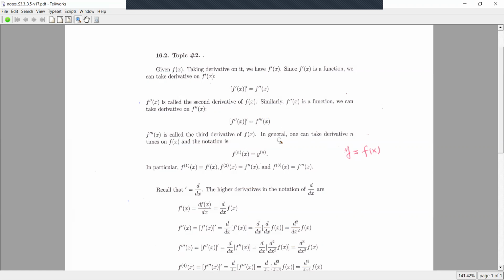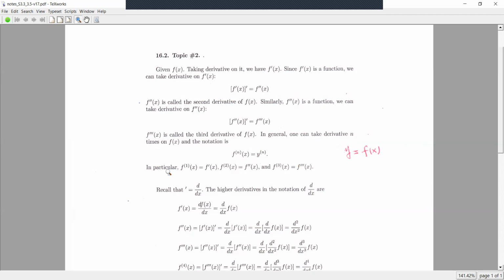In general, we can take derivative n times on a function, and the notation is this. Because y is equal to f of x, this notation is equal to this notation.